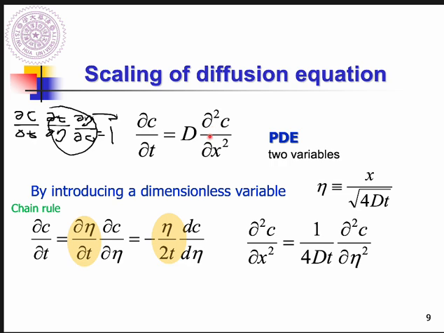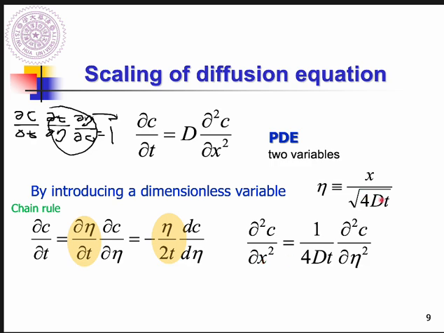And on the right-hand side, because you have D and the second gradient of the concentration with x, this is quite easy. Usually I do it one way: x equals the square root of 4Dt times iota. So I put the square root of 4Dt times iota here.